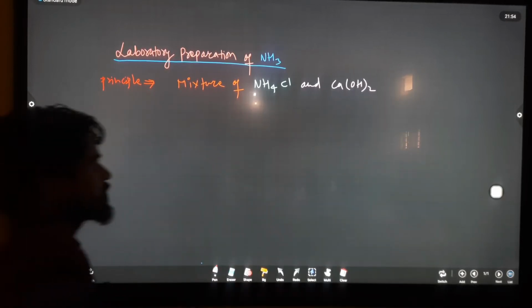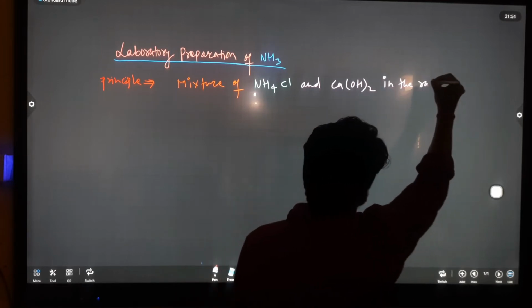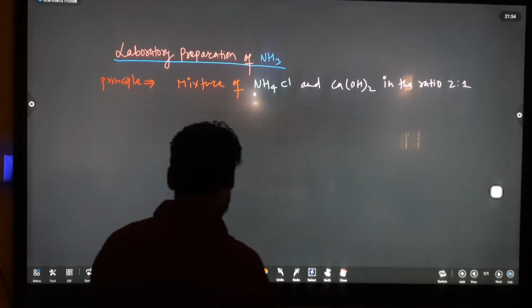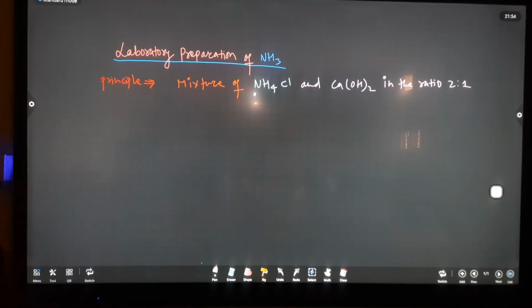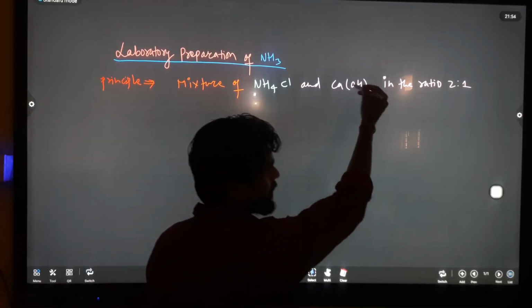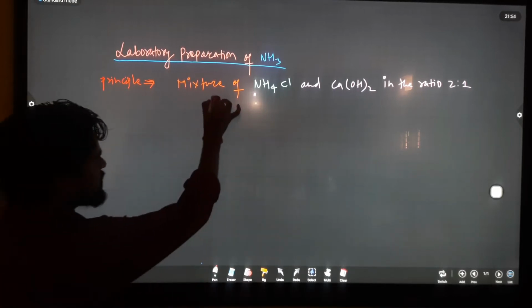It is taken in the ratio 2:1. First of all, the mixture of ammonium chloride and calcium hydroxide is taken in a hard glass test tube, and then it is heated.